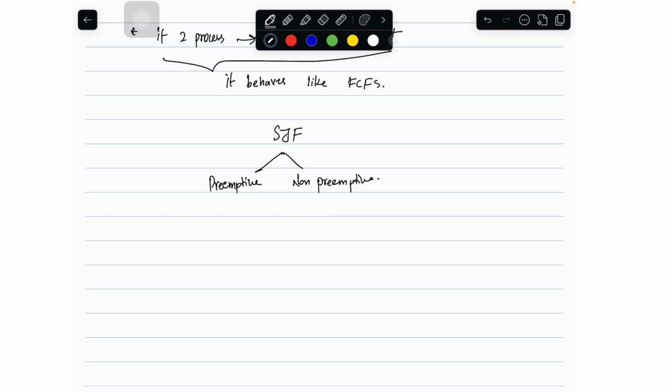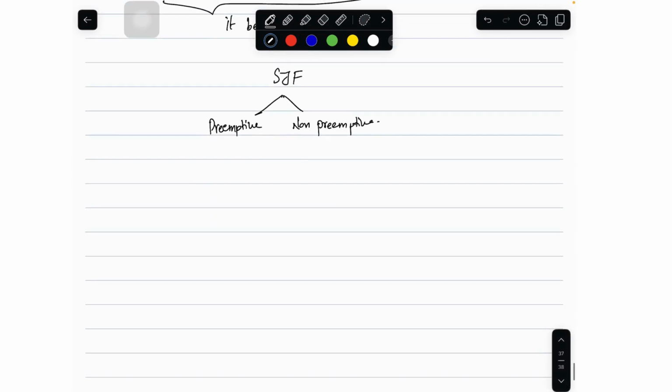And we know the definition of preemptive. Preemptive means we are going to interrupt the process. Non-preemptive means the process is not going to be interrupted. Now we will look at an example for non-preemptive.